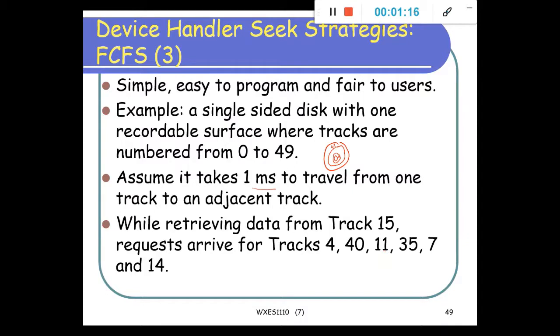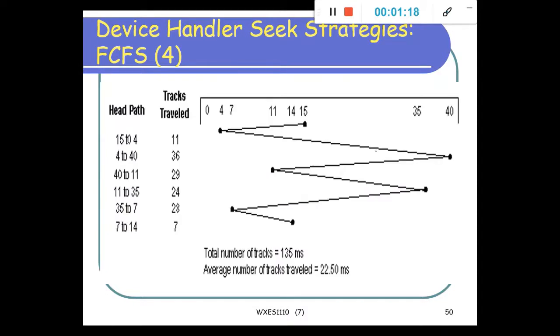So this is the diagram of the first come first serve algorithm on the device handler. The first one, 15 to 4, travels 11 tracks.